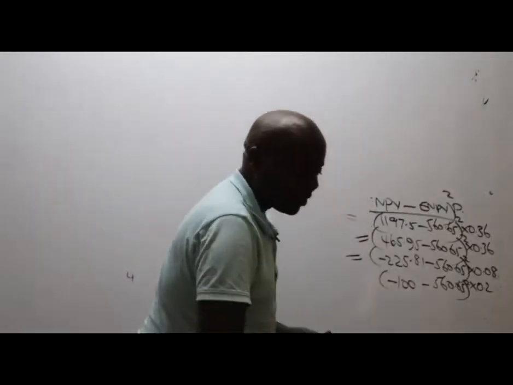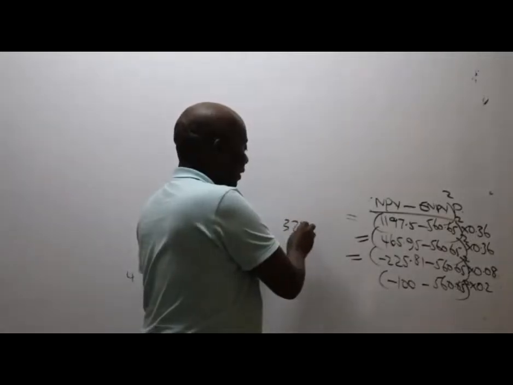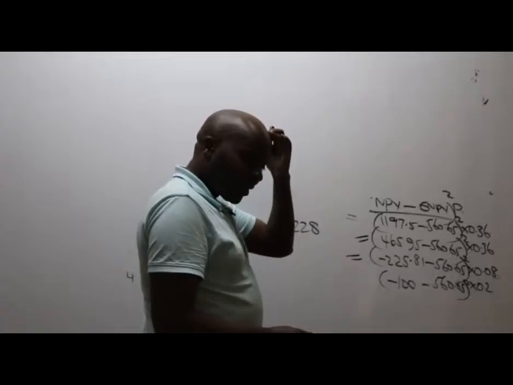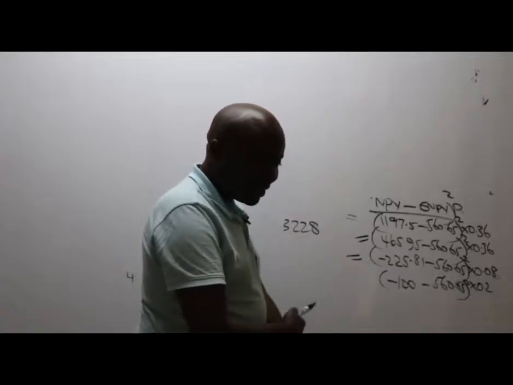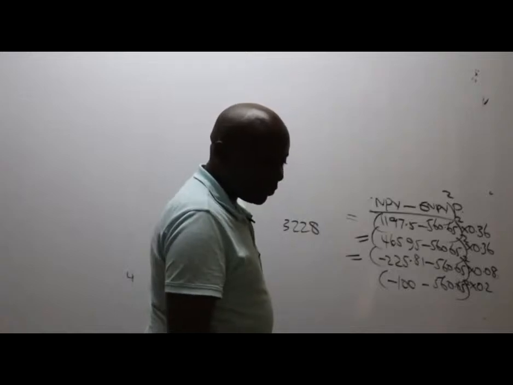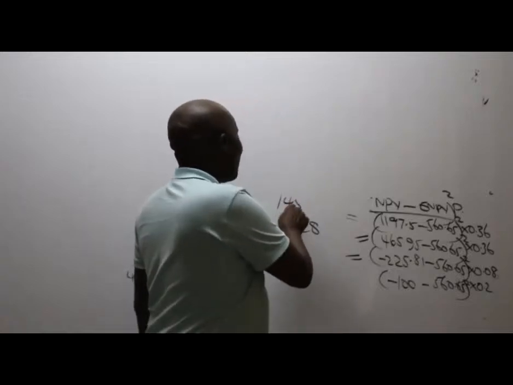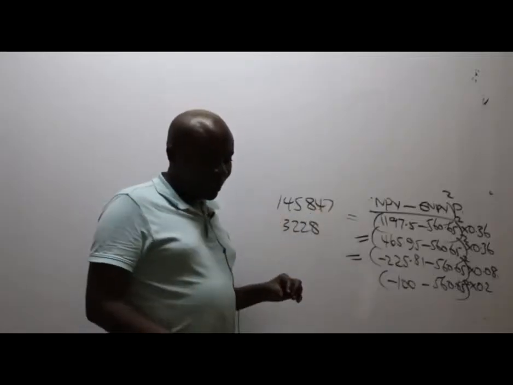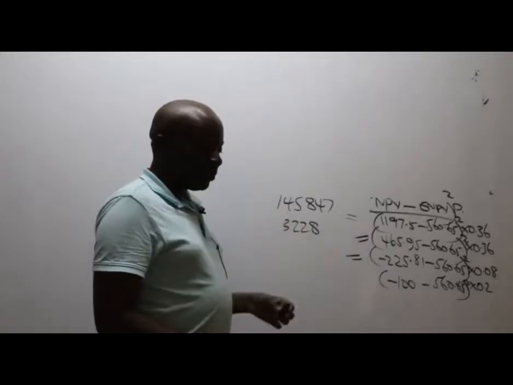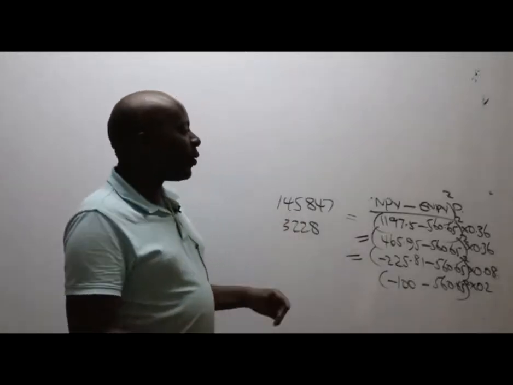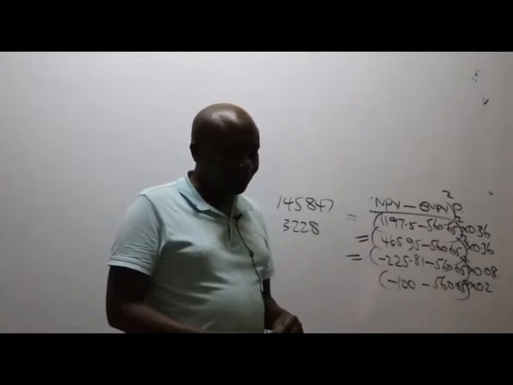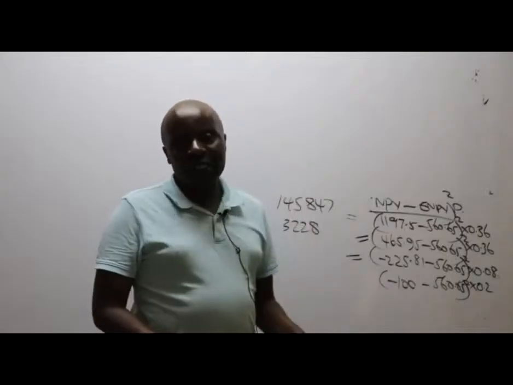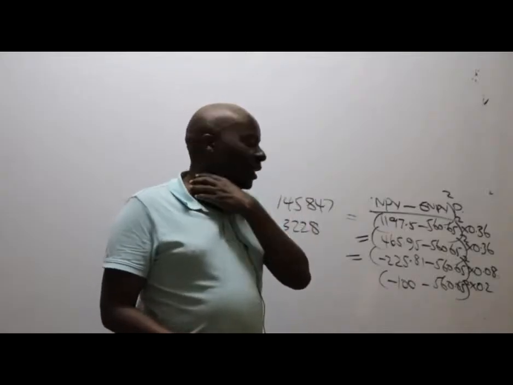The second one is 3228. How about the first one? 145,847. Let's not fight. Let's just work with whatever figure that you have there. Those are rounding off errors, because I'm aware some of you never used 560.65 there. We are children of the same mother. Let's go to the third one.